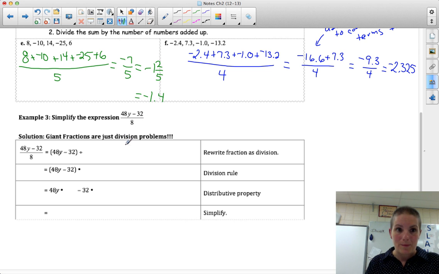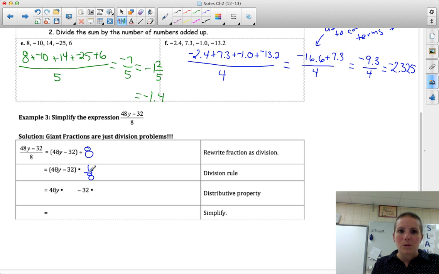So option 1. Option 1 is to treat this as a quantity divided by a fraction, or divided by 8. So we rewrote it as division. We know that that is really multiply by the reciprocal, so multiply by 1/8. That's our division rule.